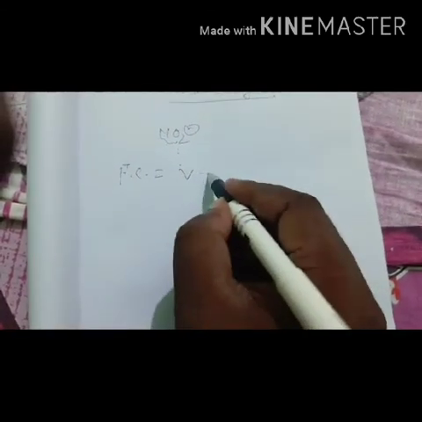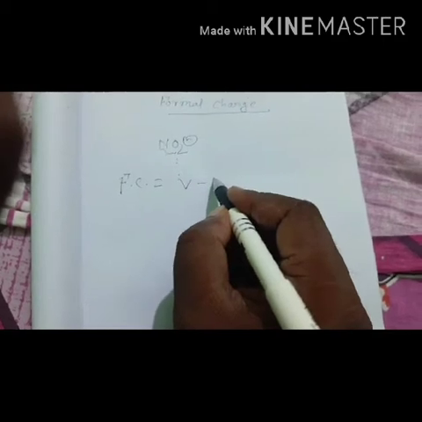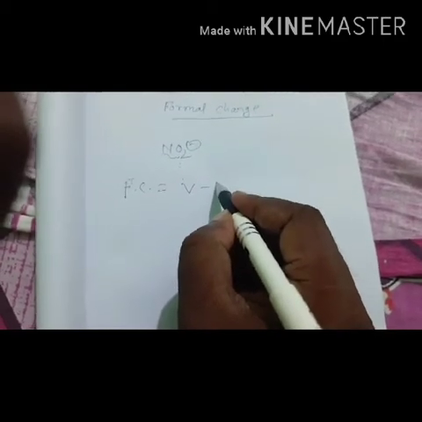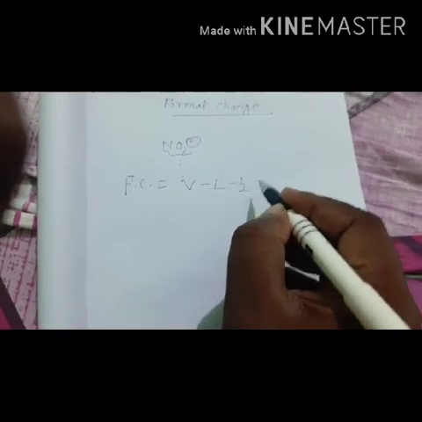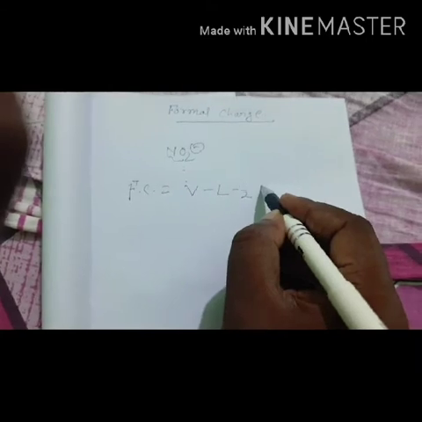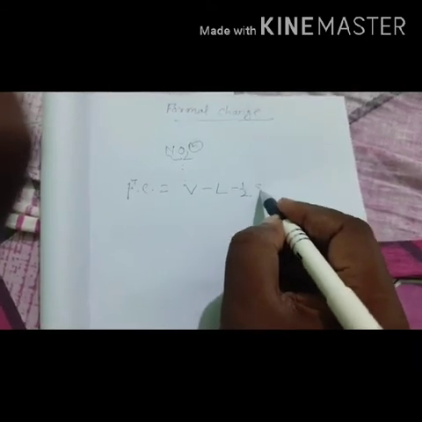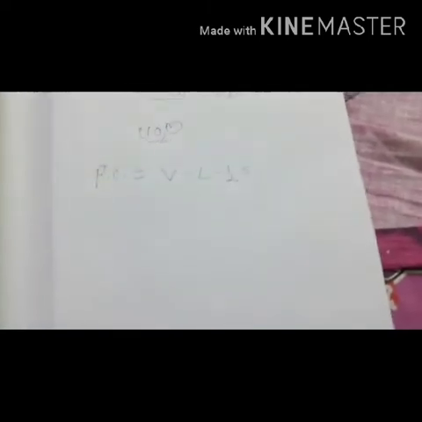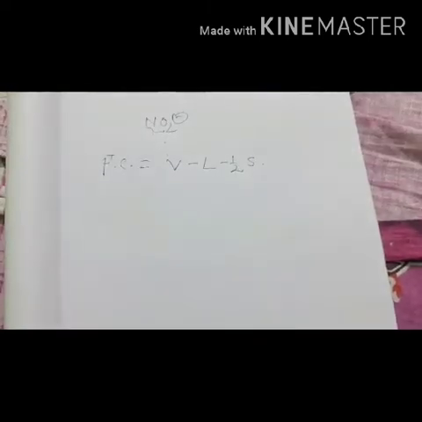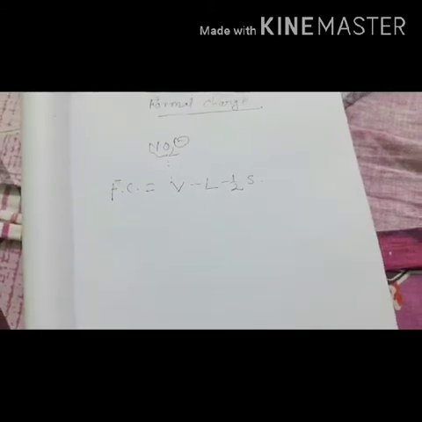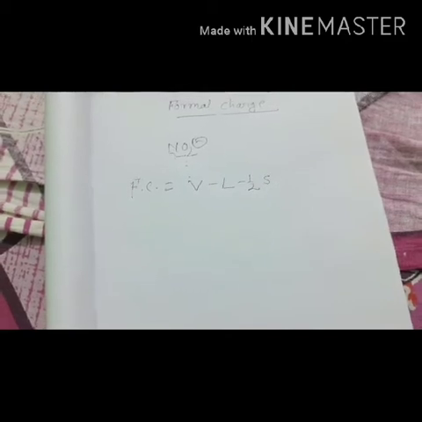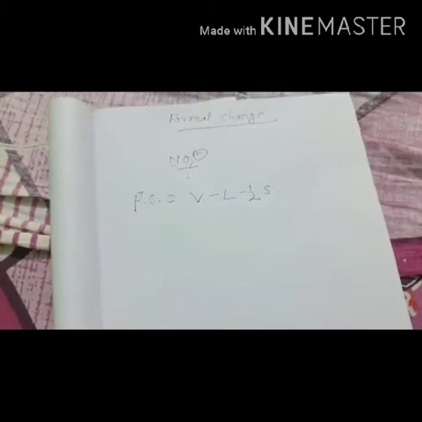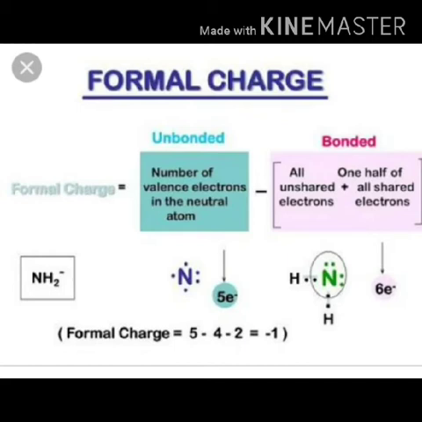Let us take that as V, minus the total number of non-bonding electron pairs or lone pairs L, minus half of the total number of bonding or shared electrons S. V stands for the valence electrons in the free state, L for the non-bonding electrons, and S for the total number of bonding electrons.